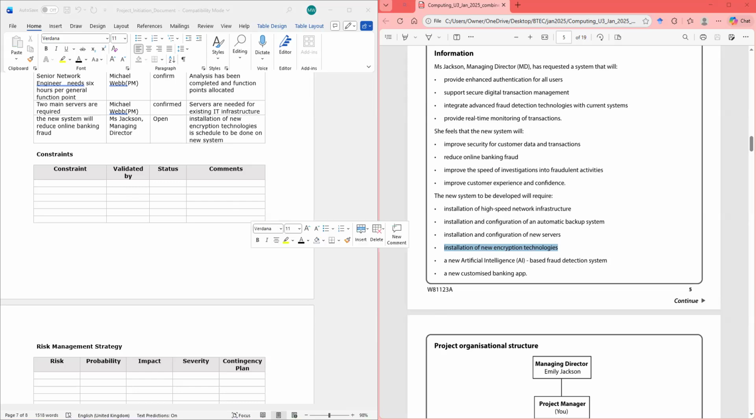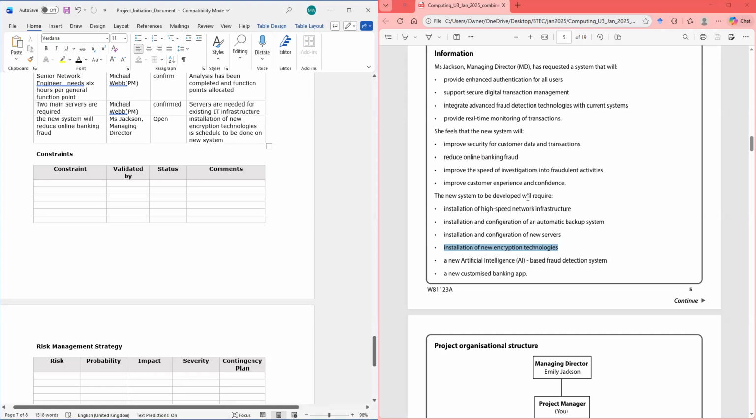All right. One of the first things I look at: what could be the constraints?